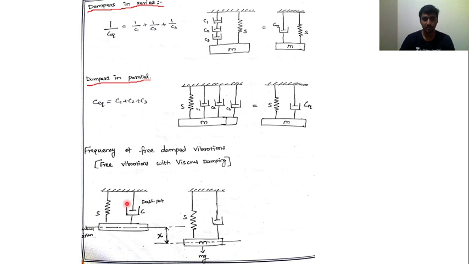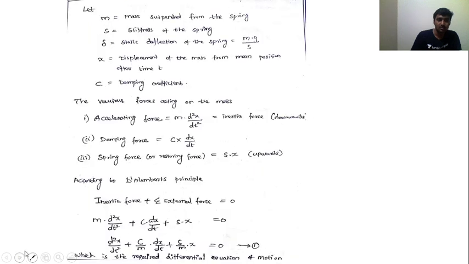The frequency of free damped vibrations is given in terms of the damping coefficient C when you connect a damper in the spring-mass system. Here, m is the mass suspended from the spring, s is the stiffness of the spring, and delta is the static deflection of the spring.